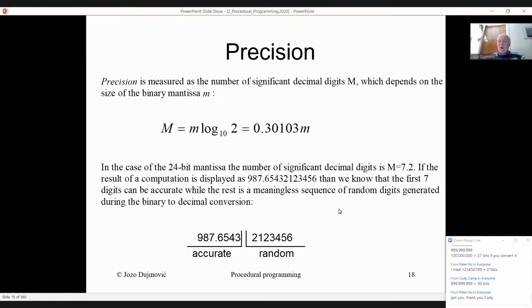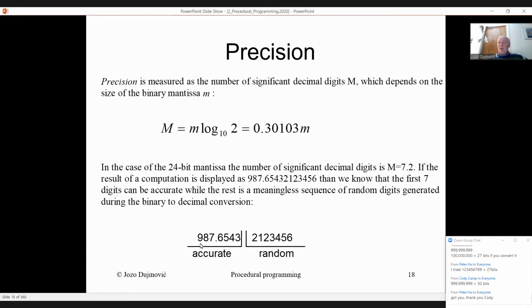So you need different formats of data if they are supported. The precision is always given as the logarithm of 2 times the number of bits in the mantissa. So the number of significant decimal digits is 0.30103 times m. This is the formula for computing how many digits you can have.